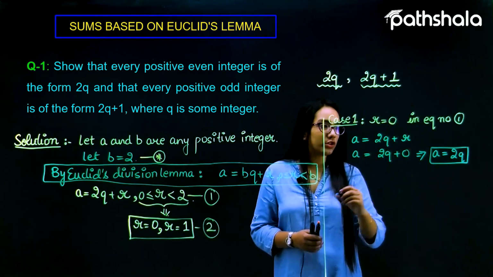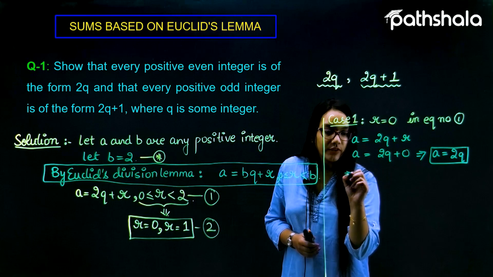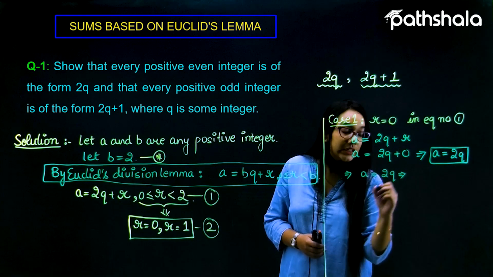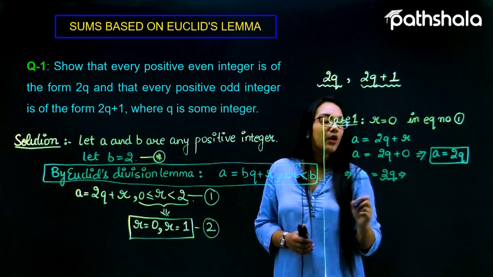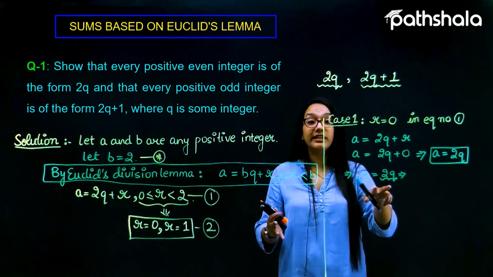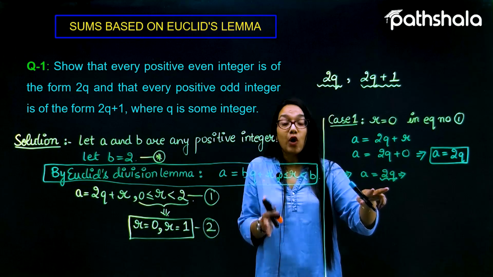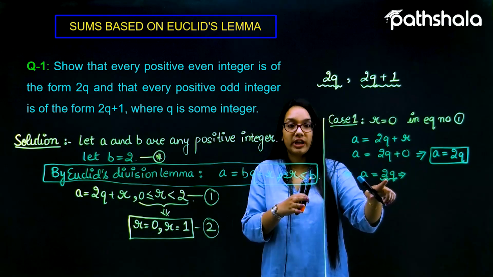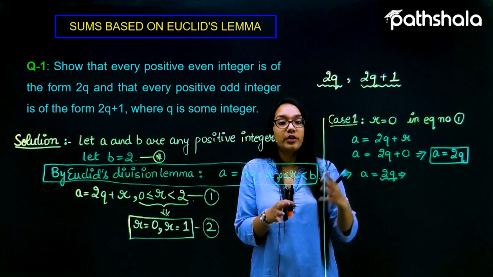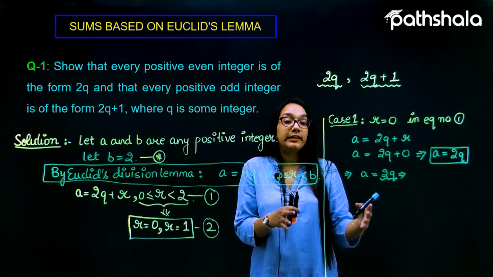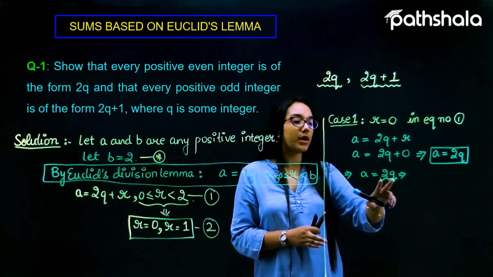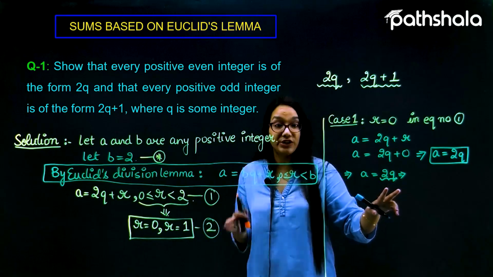So obviously, this number would definitely be an even integer because we have a factor 2 over here, and whenever any number has a factor 2, it is definitely an even integer. So this number is an even integer.